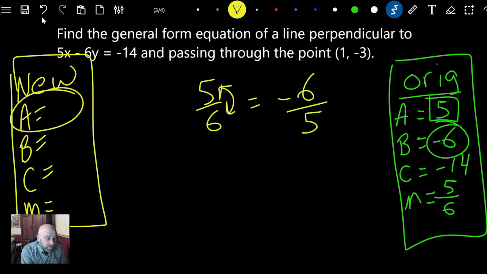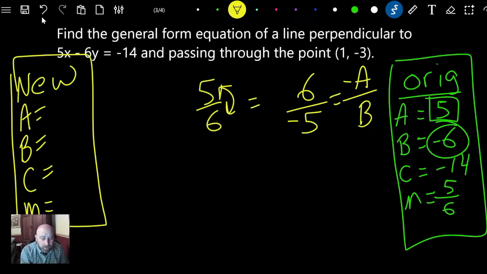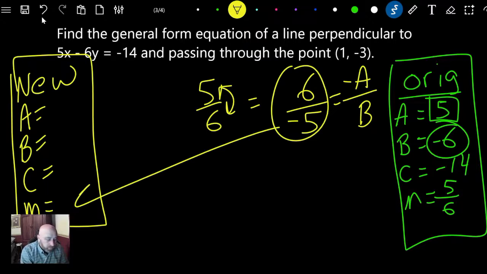Remember that we want to keep the A positive, so we'll go ahead and just assign that negative to the bottom, and that's fine. You're always trying to keep the A positive because that's how it goes in standard form. So I'll take that, remember, and this equals -A over B. So this is our slope, so it goes here, 6 over -5.